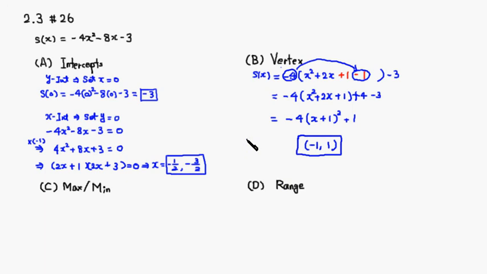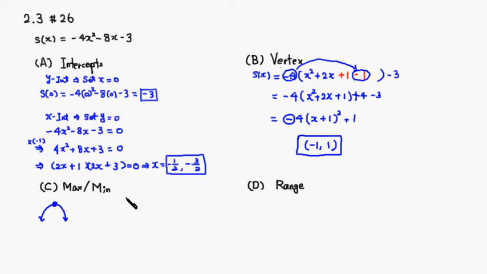Then part C, we want to find a maximum or minimum. You can see that since there's a negative sign here, there's a reflection about the x-axis involved, which means that the graph is going to be a downward-facing parabola. Then we know that the minimum does not exist, but the maximum is going to be at the vertex.